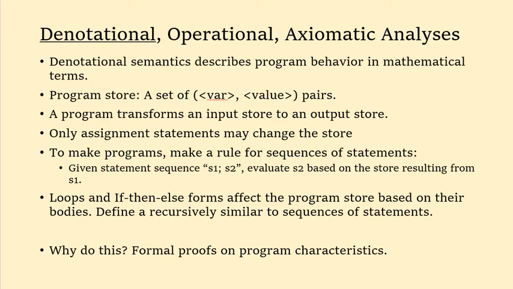So what denotational talks about, it treats the semantics as a mathematical expression, and I mean that in the most formal sense. All three of these are used for proof techniques, so they're all formalisms.